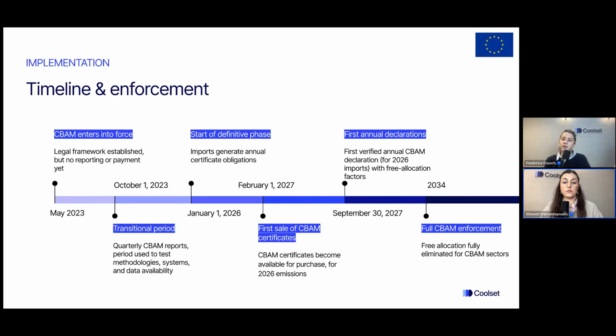But the first annual declarations aren't required until 2027. And then finally, 2034 is when full CBAM enforcement will be required. So this is when any free allocation, which again we'll go into, but that's essentially when you don't have to pay for certain sections because there's a free allocation, that'll be fully eliminated by 2034. So everyone and everything in the industry will require CBAM payments.